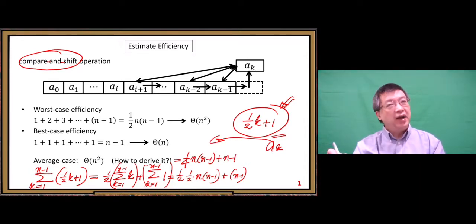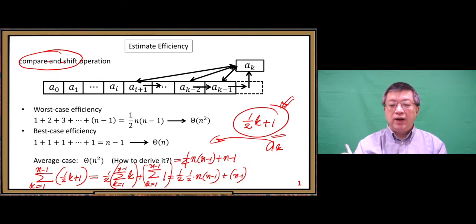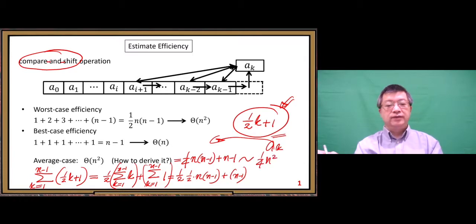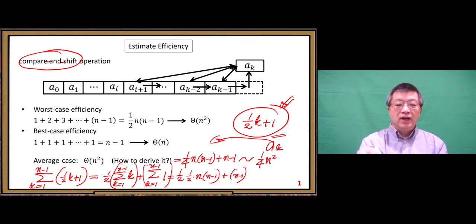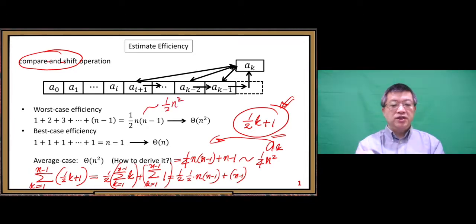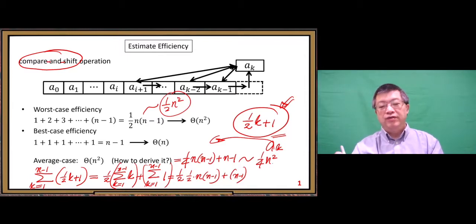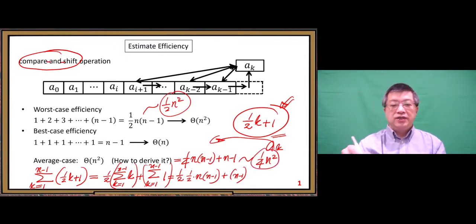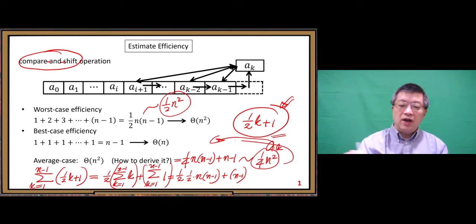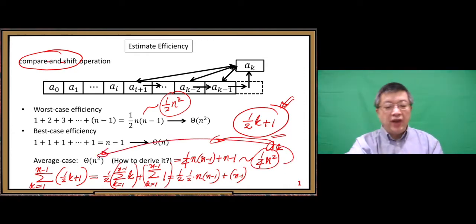Although you can simplify it if you want, we can see the dominant term 1/4 n squared. The worst case is 1/2 n squared. So you can see the average case is about 1/2 of the worst case, 1/4 n squared. That's also in big theta of n squared.